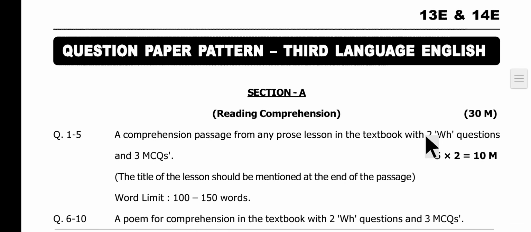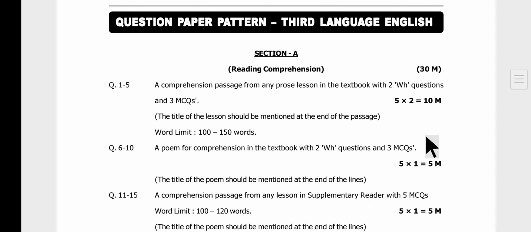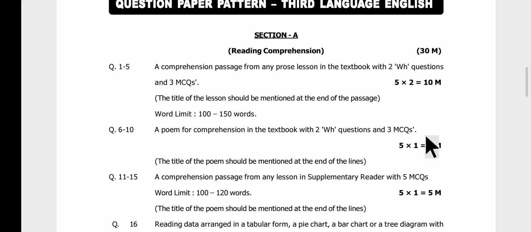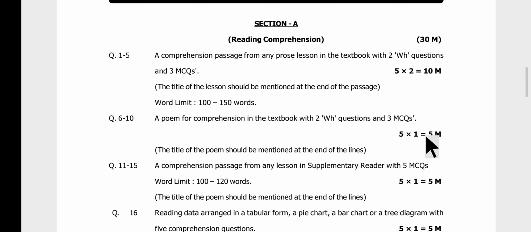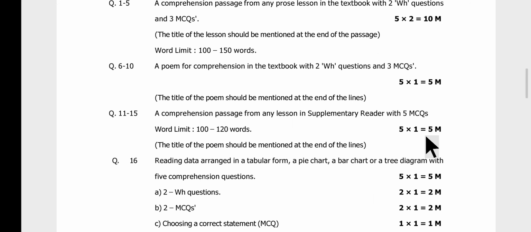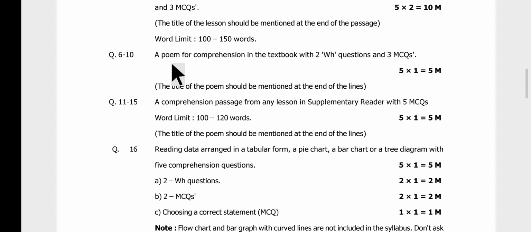Now we will look at the detailed question paper pattern regarding English language. Question number 1 to 5, we will have a comprehension passage from a prose lesson along with two WH questions and 3 MCQs, followed by question number 6 to 10, a poem for comprehension with 2 WH questions and 3 MCQs.